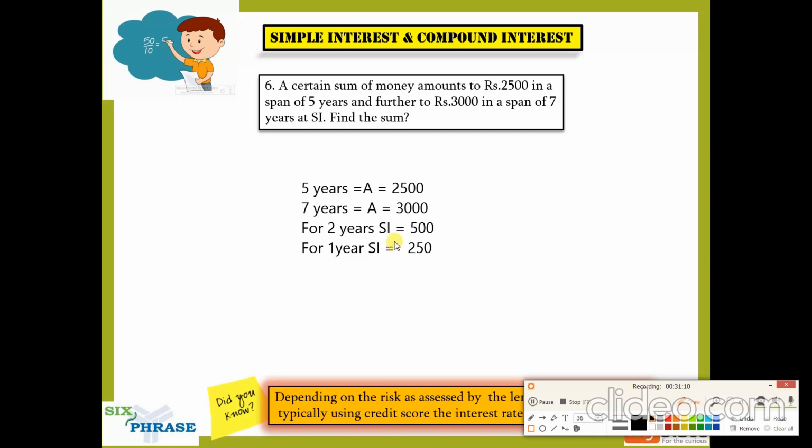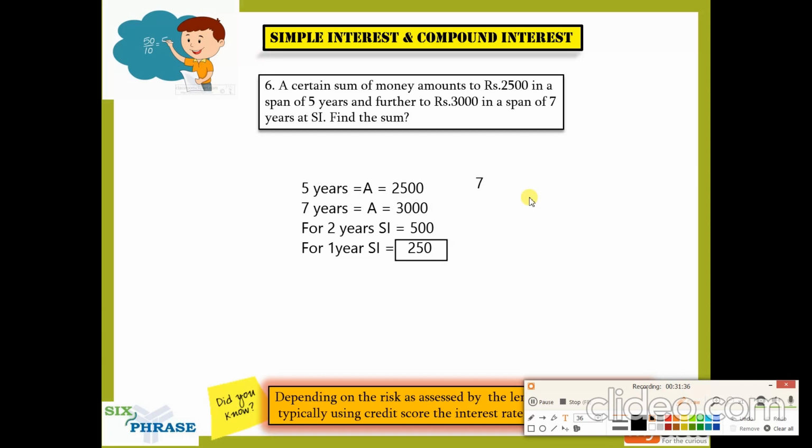So you have to find the principal now. You found the 250. Now how do you find the principal for 7 years? For 1 year it is 250. So you just have to go backwards, guys. It is very easy. See, it says 7 years 3000. So 6 years 2750, right? So we'll write it from the top like this.